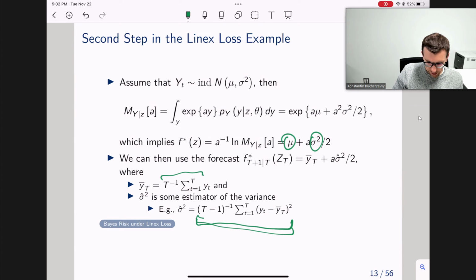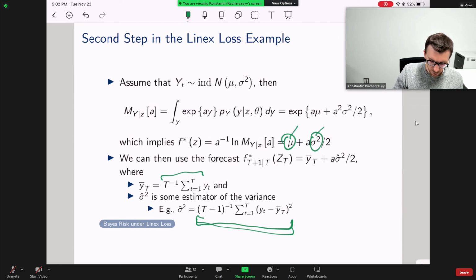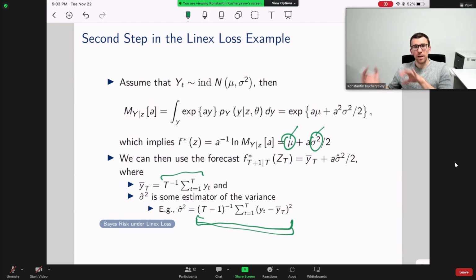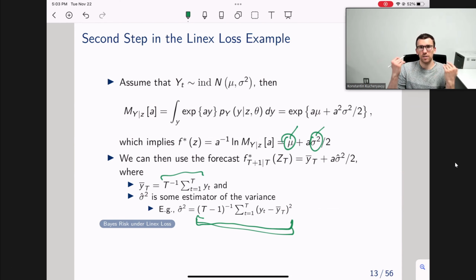This is where the second step is: we come up with the optimal decision rule in the population, and mu and sigma squared are parameters of the data generating process. Then we can bring estimates of these parameters from somewhere else, say consistent estimates. And that will be our second step. Once given the consistent estimates, we are done.